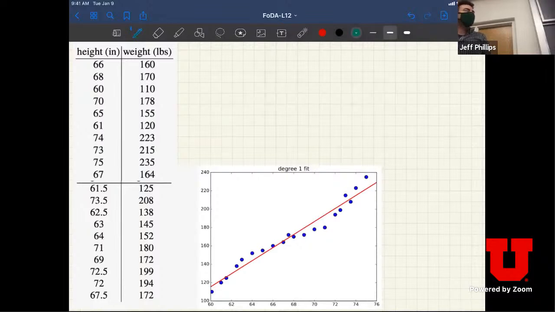A degree 2 model needs to be like a parabola. Now I don't need the whole parabola, I just need a piece of the parabola to try and fit this. And I might get a model that looks like this. Maybe this way looks slightly better.